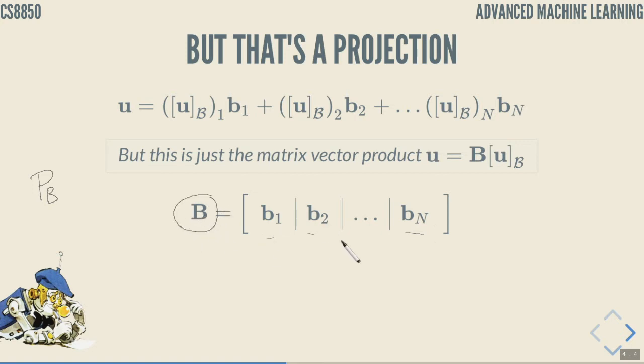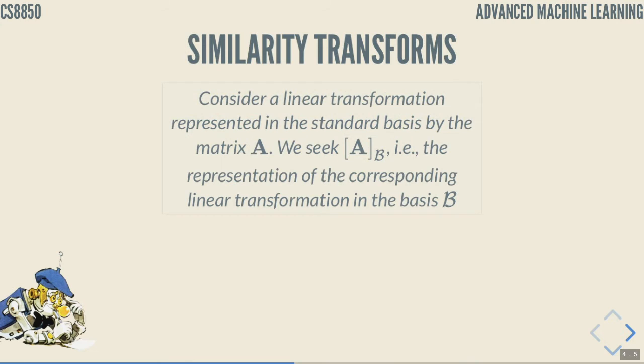This basis of the linear space B transforms B back into the canonical basis, as we already established. So, similarity transforms, what are they?